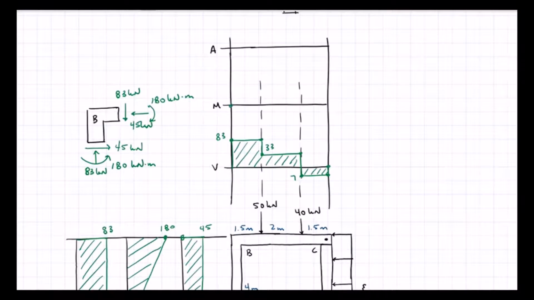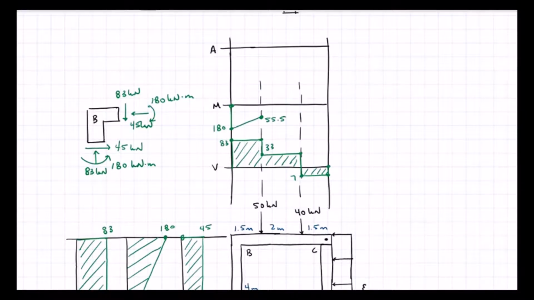Moving to my moment diagram, I start with compression in the bottom of 180 kilonewton meters. And then I'm going to increase by the area under the curve. So I've got 83 times 1.5. So this is going to come up here to 55.5 constant.